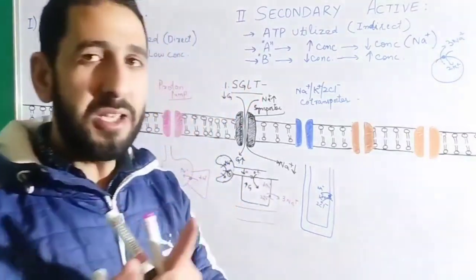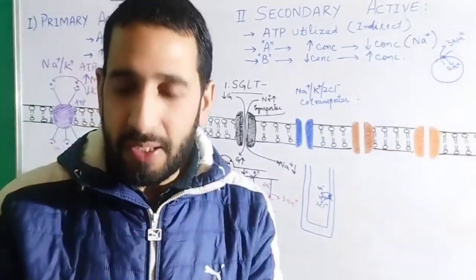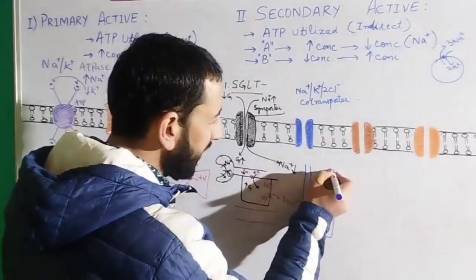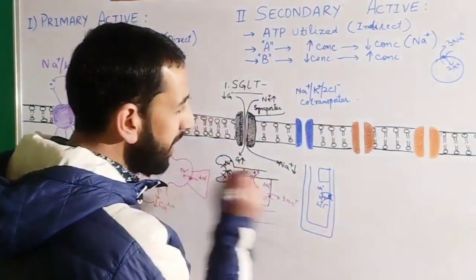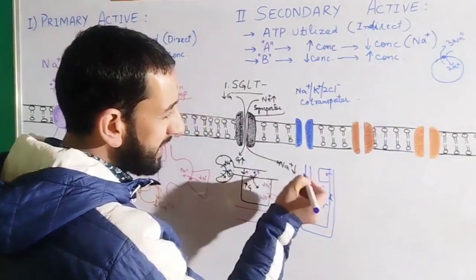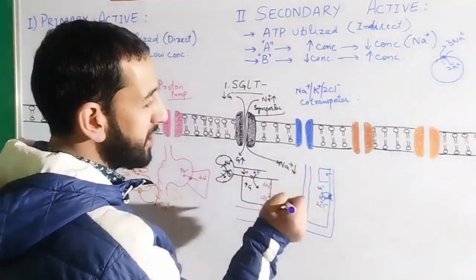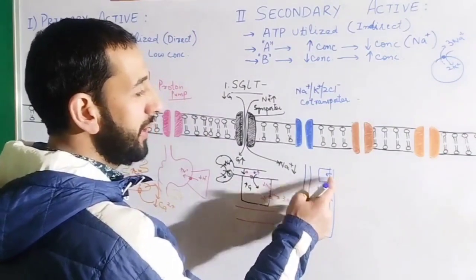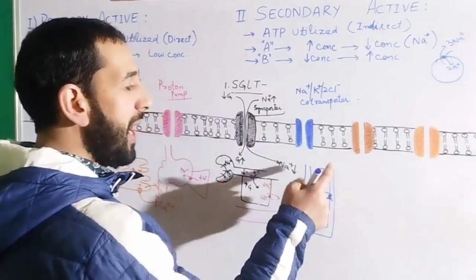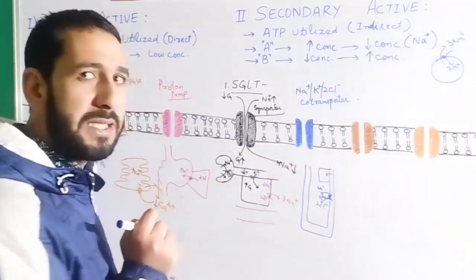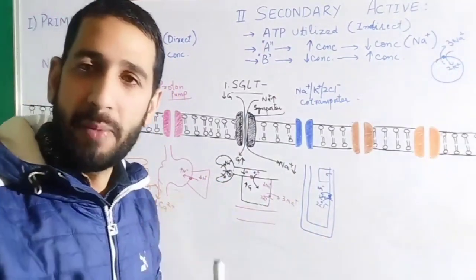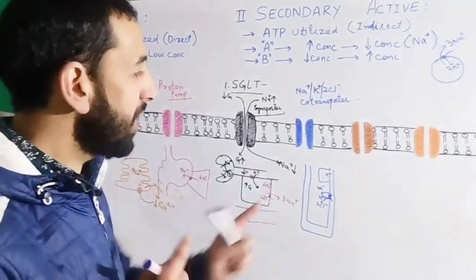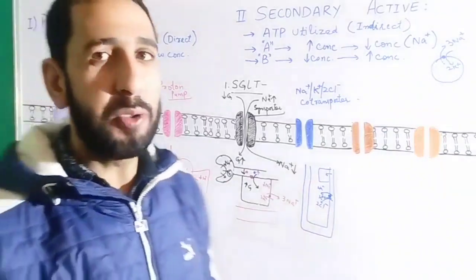That is from the lumen of this ascending limb of the loop of Henle into the cell. Don't get confused here, suppose the cell is here. We have to take from the lumen into the cell one sodium ion, one potassium ion, and 2 chloride ions. Outside the cell, sodium is in higher concentration, chloride is in higher concentration, and potassium is in lower concentration. So sodium from high to low, potassium from low to high, chloride from high to low. That is the sodium potassium 2-chloride co-transporter.